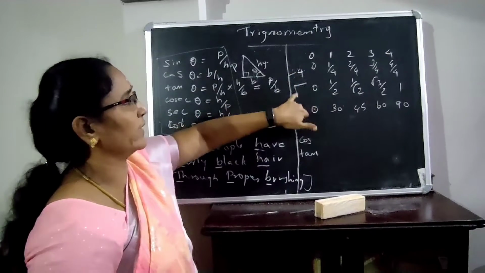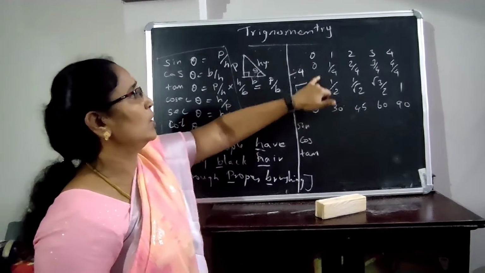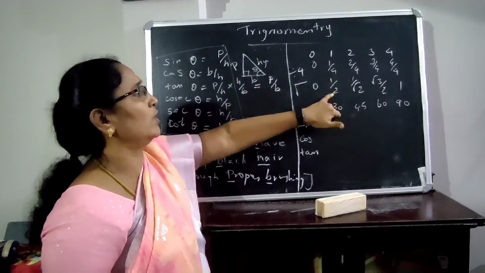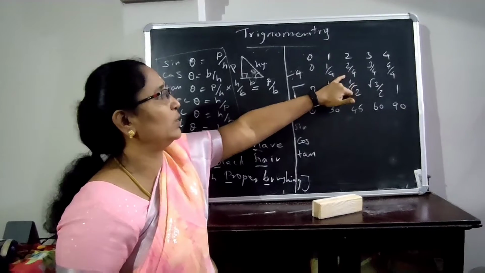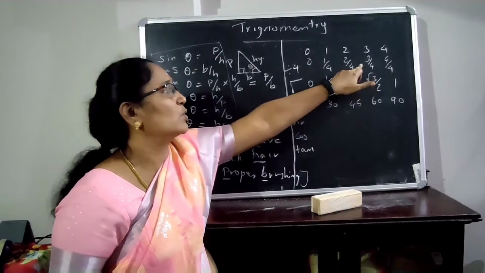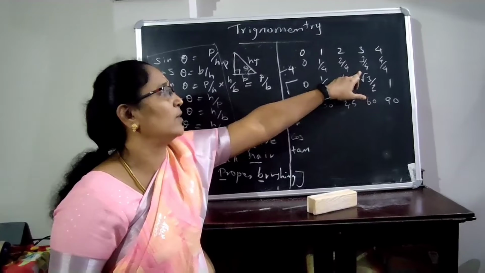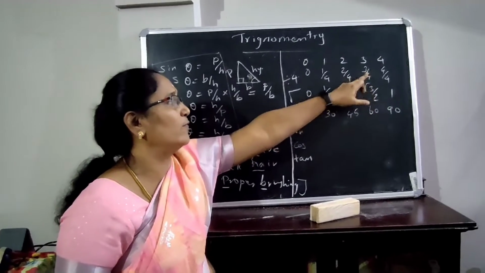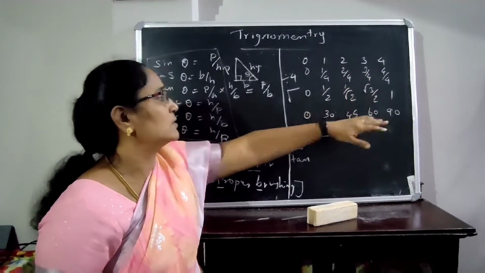Then next take the square root. So 0, 1 by square root of 4 which is 1 by 2, 2 by 4 which is 1 by 2 so 1 by root 2, root 3 by square root of 4 which is 2, and 4 by 4 cancels to 1.